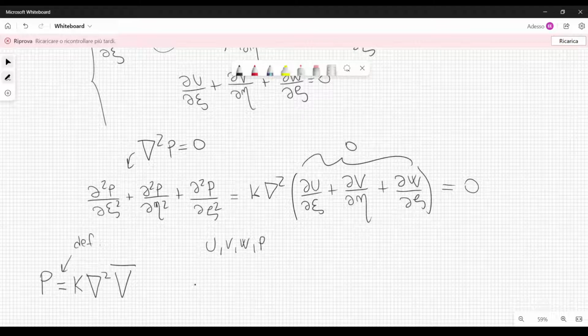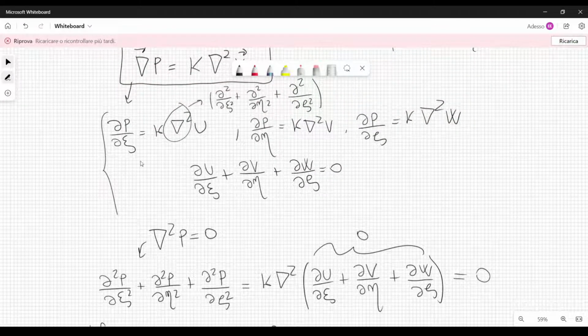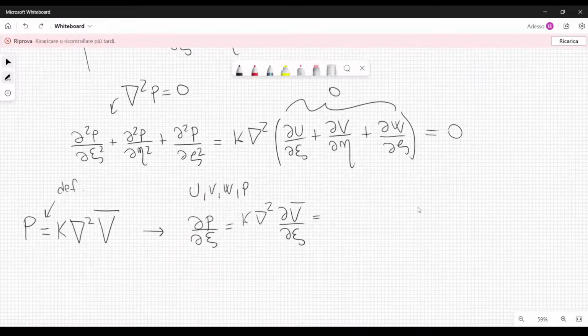And now, if we take the derivative of the pressure with respect to xi, this is equal to k del squared dV bar/dxi, and this is also equal to, if we use this equation here, k del squared u.